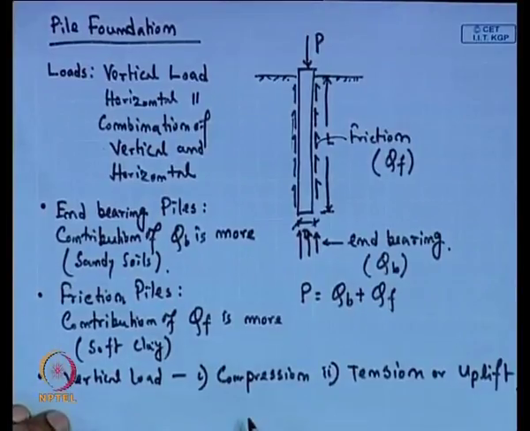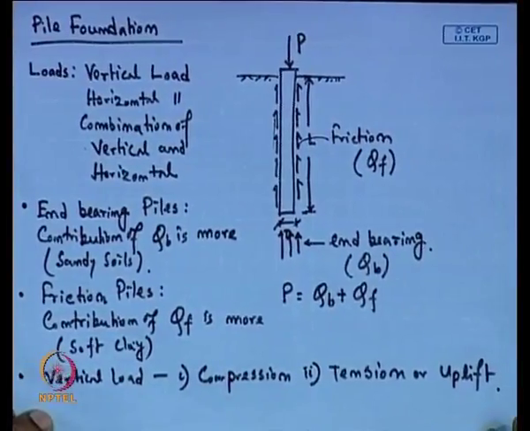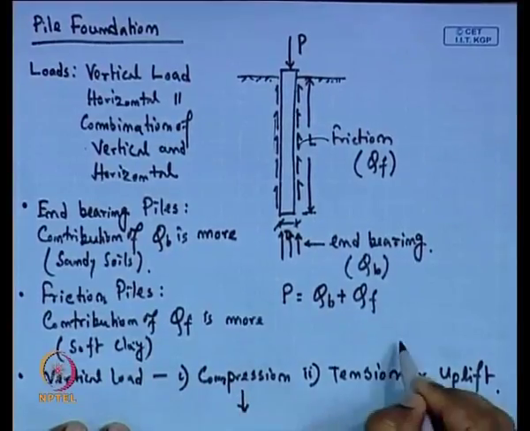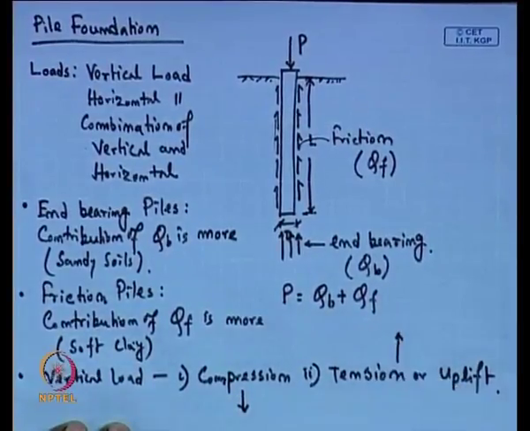Compression is very common for any structure, and generally these piles are used against the compression load. Compression means the downward direction and tension means the upward loaded direction, but both are vertical loads.